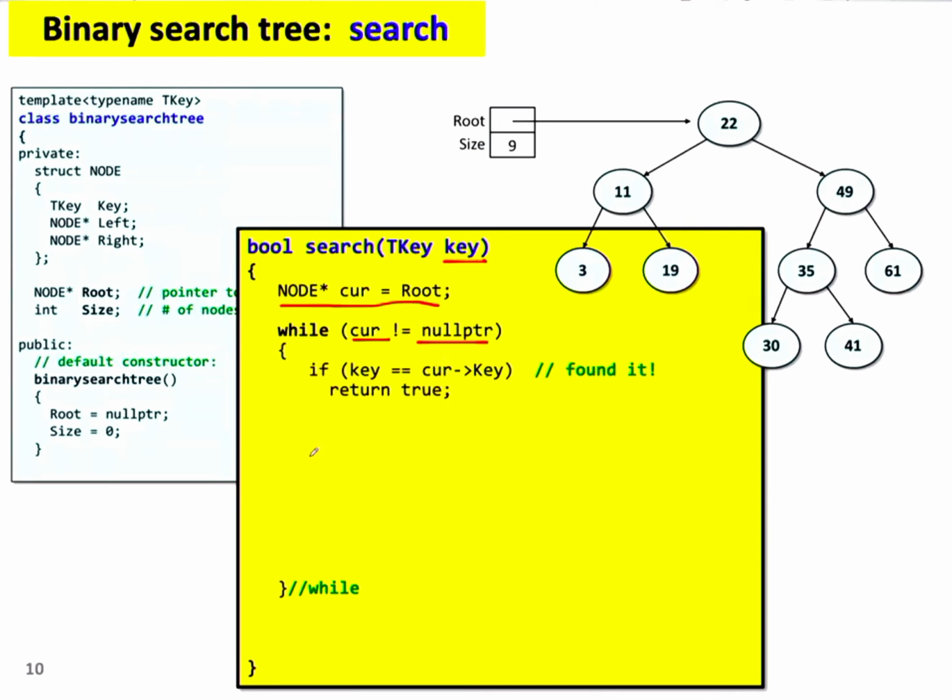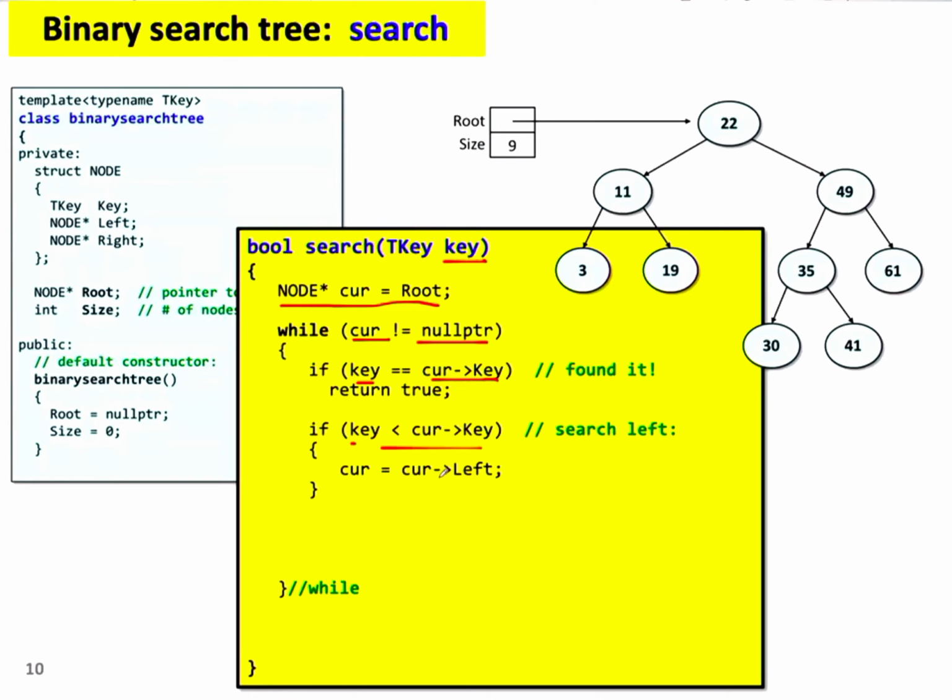In the search process, you're doing the comparison. If the key is equal to the key that's stored at that node, return true. This means you found that key. But if you haven't found that key and it's less than, then you go towards the left. This is where you're updating your current pointer to point to the left node of that current pointer.